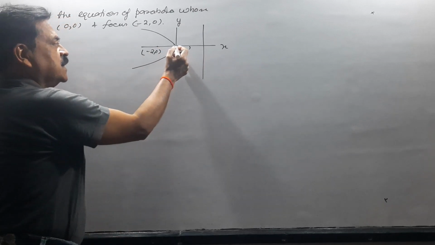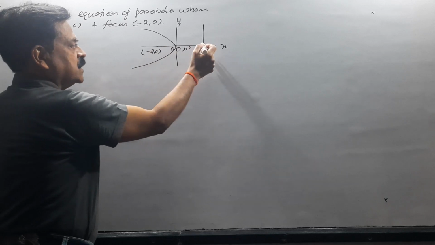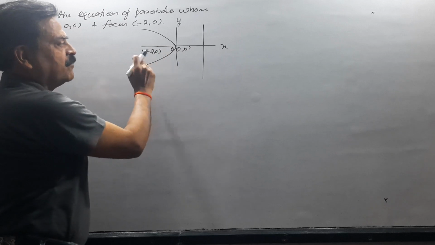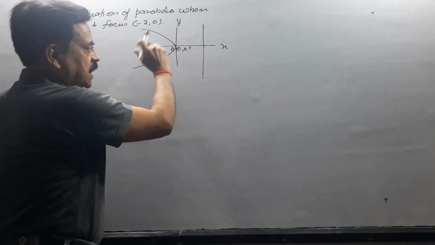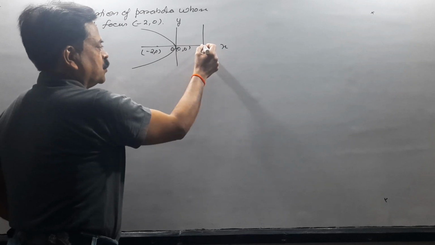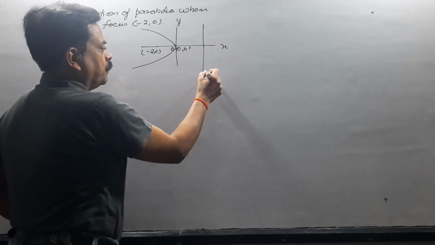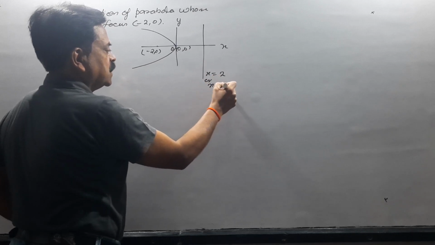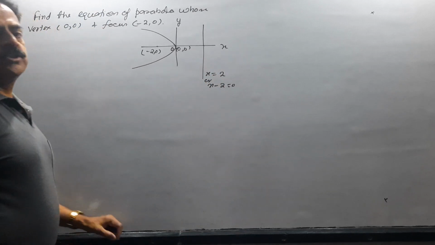So if this distance is 2 units, then this distance is 2 units. The focus is at -2 because this point is lying in the left of origin and this line is lying in the right of origin, so this distance will be taken as positive. So x = 2 or x - 2 = 0 is equation of directrix.